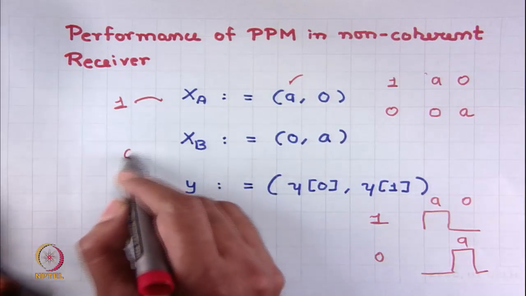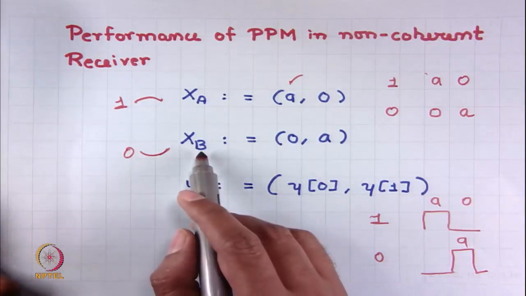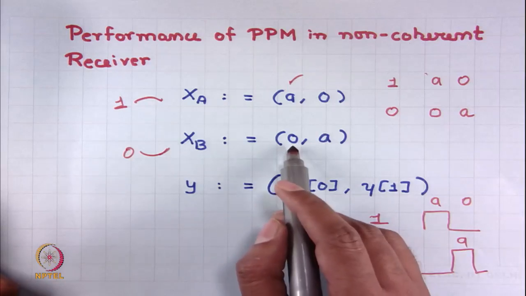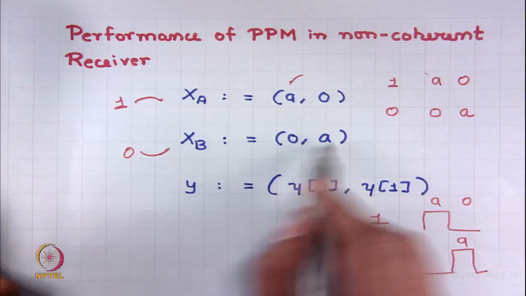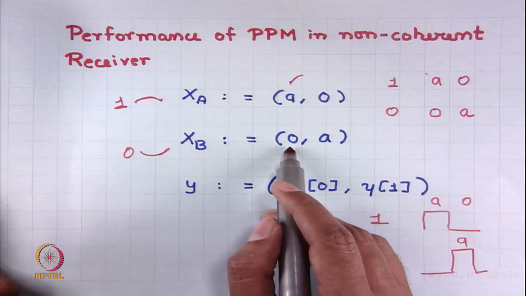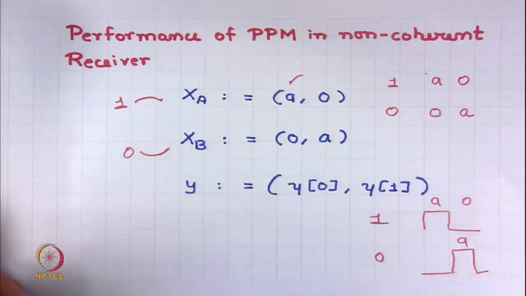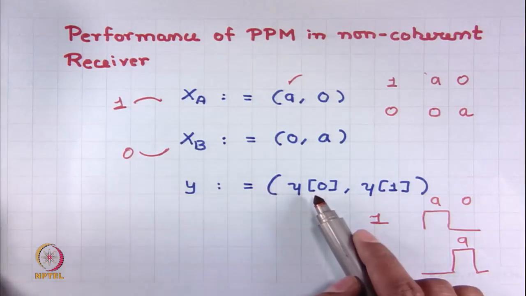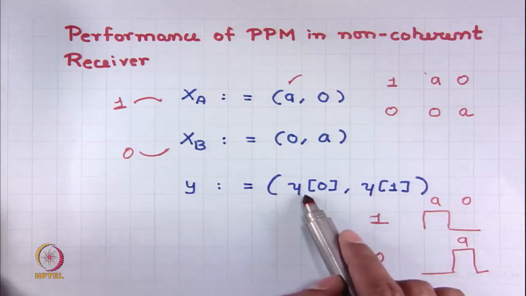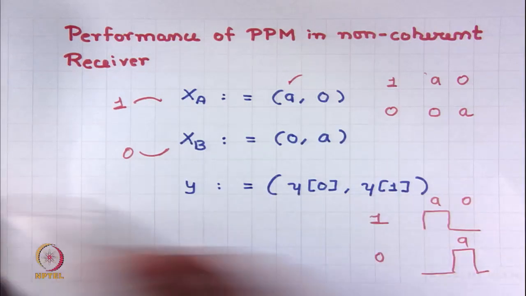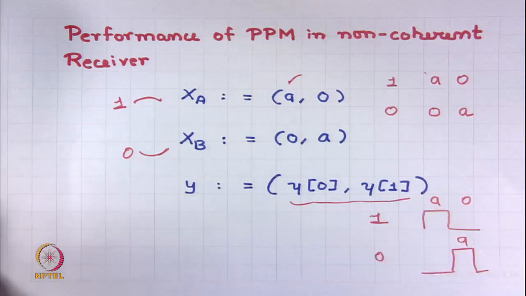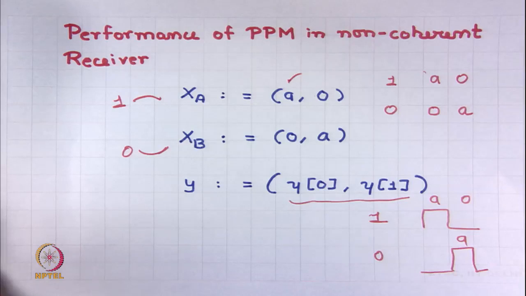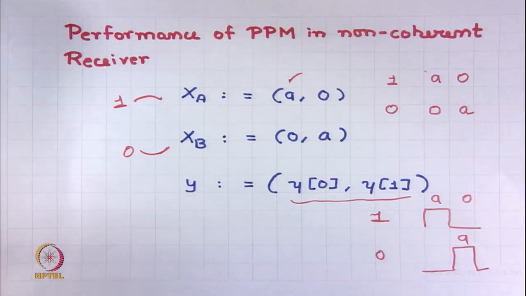Now, to transmit 0, we would be sending XB, where XB is a combination of 0 and A. That means, in first symbol time we will be transmitting 0, in next symbol time we will be transmitting A. Now, we can define an observation Y, which is built using two observations Y0 and Y1, and looking at these Y0 and Y1, we have to take the decision about these XAs and XBs. So, that is the goal.